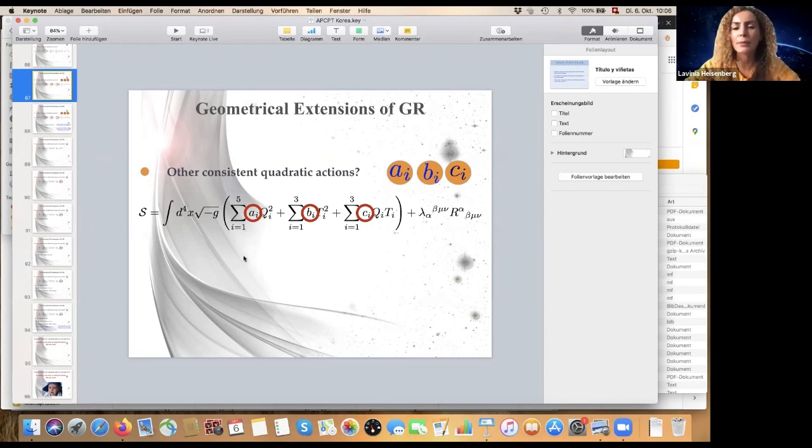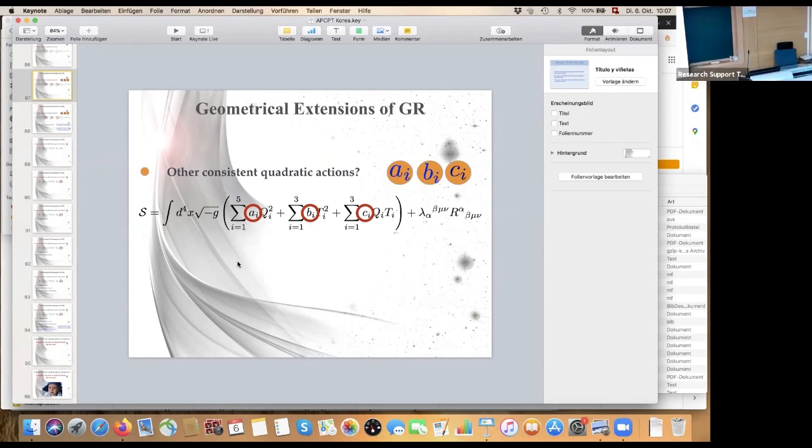But what is true is that you end up with massive gravity or bigravity type theories if you choose the coefficients in a specific way. Okay, that's cool. So you can obtain massive gravity type theories, but rewritten in a geometrical sense, basically. Okay, thank you.